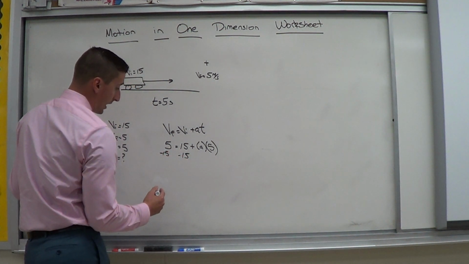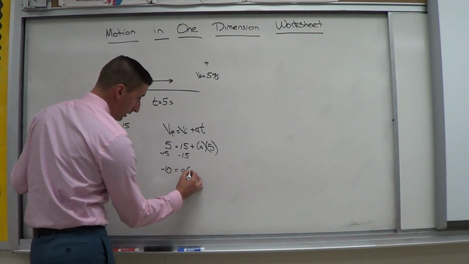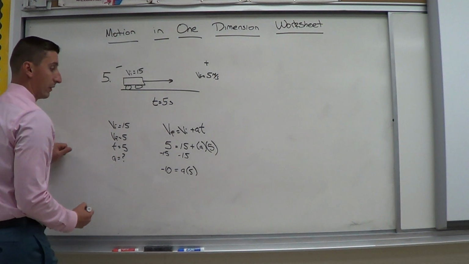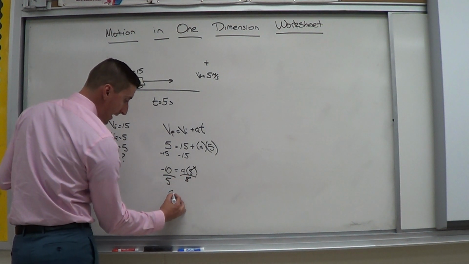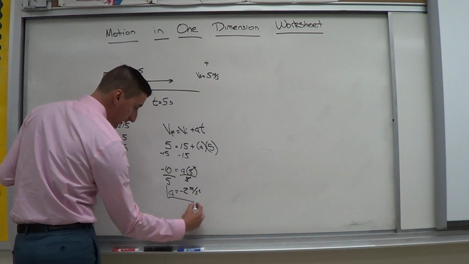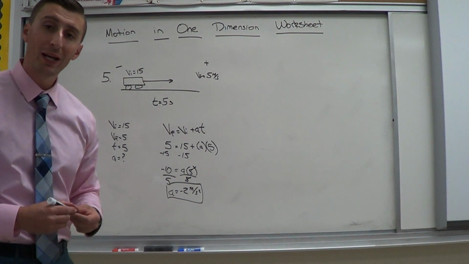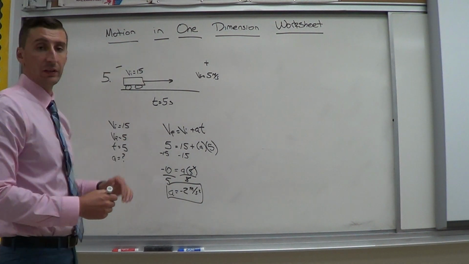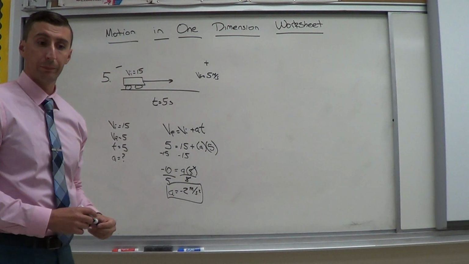So I get negative 10 equals 5A. Divide by 5. A equals negative 2 meters per second squared. And as you can see, we did get a negative answer because you are slowing down a positive velocity. So the acceleration vector is that way. All right?